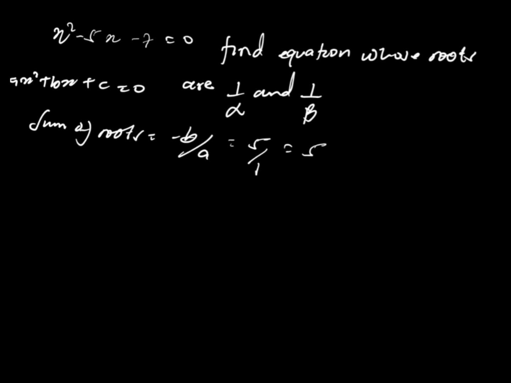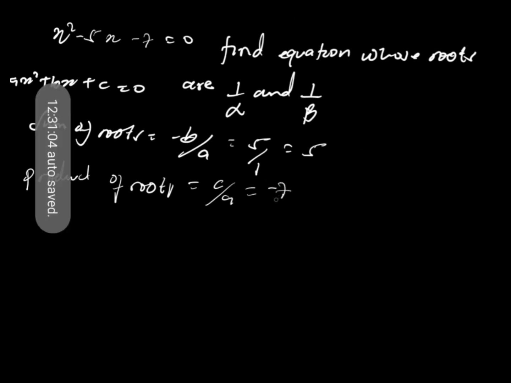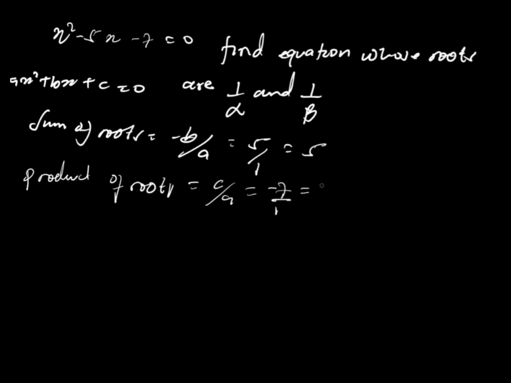Now, let's look at the product of roots. In this case, we found out that the product of the roots was c all over a, and here our c is negative 7 and our a is 1, so I'm going to have negative 7 as my product of the roots.